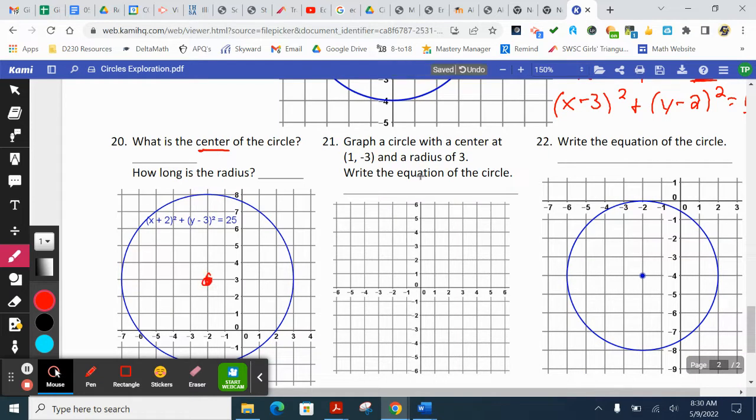Good. So negative 2 comma 3. And what was our radius, Omar?